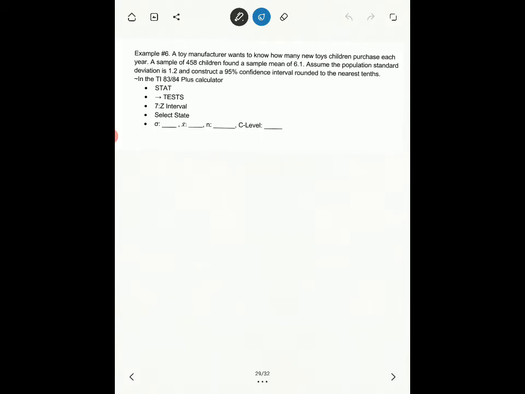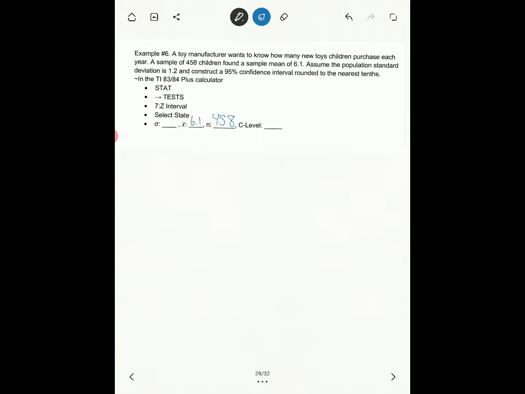For example number 6, there's a way that the calculator can do many of this for you. We're going to do this one using the calculator. So a toy manufacturer wants to know how many new toys children purchase each year. A sample of 458 children, so our N is 458, found a sample mean of 6.1, so our X bar is 6.1.